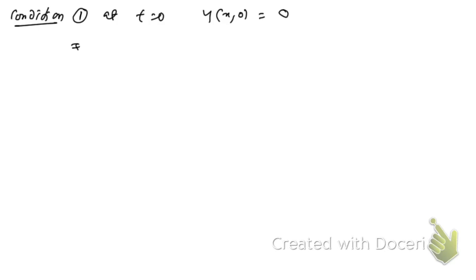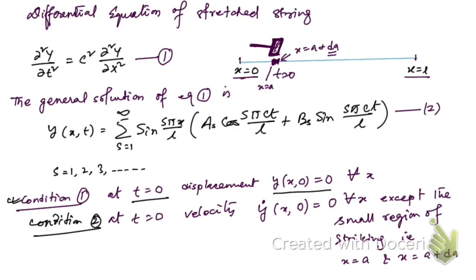Now you see, if you go back to the previous slide, from this equation number 2, if this displacement is equal to 0, then let me write this right hand side. If we replace t with 0, let me copy this equation number 2 and go to a new slide.